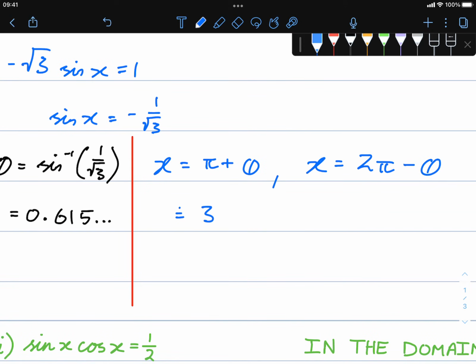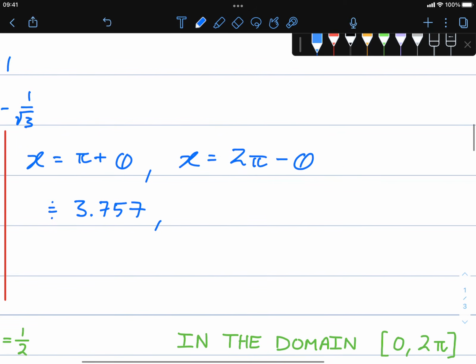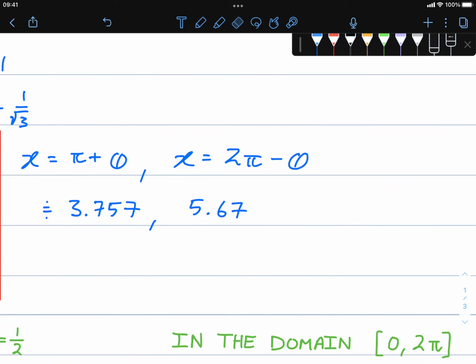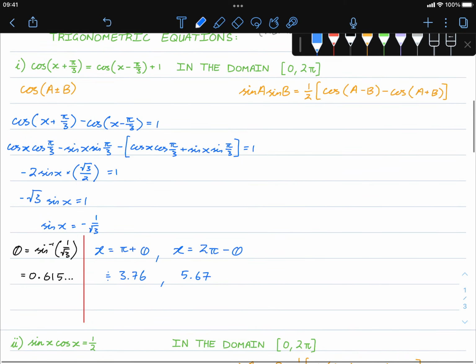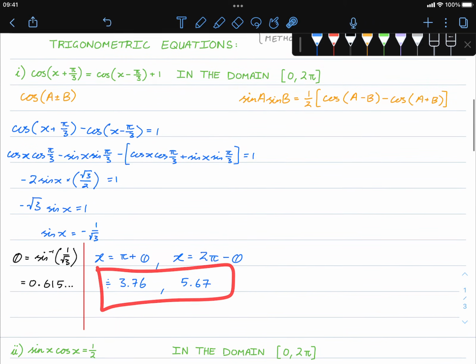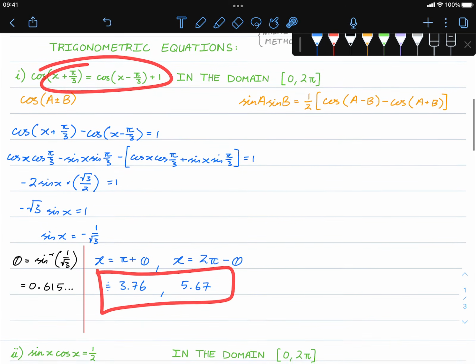This is approximately 3.757 as one answer, and x is equal to 5.67 something, rounding off to 2 decimal places for both, 3.76 and 5.67. So these are the answers to this equation here.